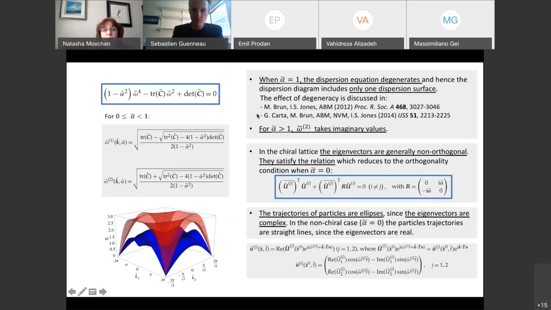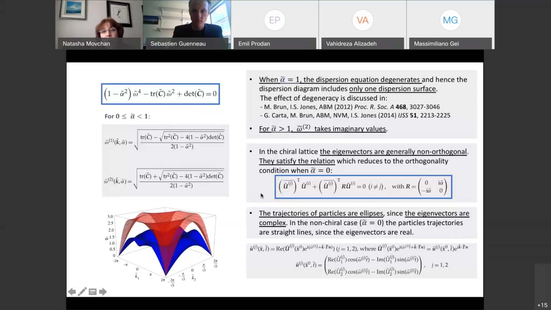And I'm not going to look at the effects of degeneracy. What I'm interested in is applying the lattice flux and lattice circulation strategy to describe the waves in this chiral lattice. So I am going to again look at the eigenvectors associated with these eigenvalues on the two surfaces.